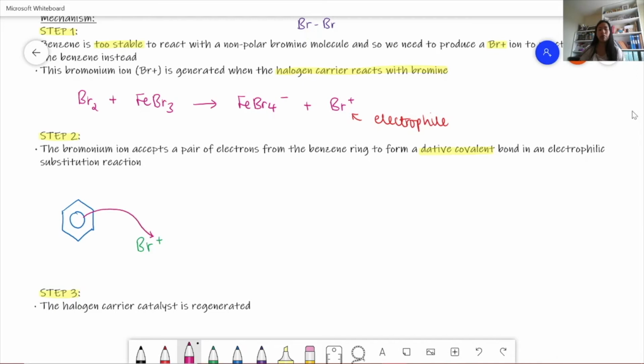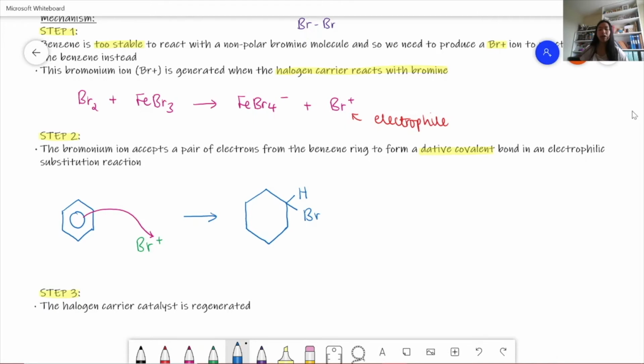And so they move towards this Br+, this electrophile. And now we form an intermediate. So this is exactly like all the other electrophilic substitution reactions that we've seen, all their mechanisms. And so what we have is this carbon where it's originally attached to one hydrogen, but now it's also formed a dative covalent bond with this Br+.